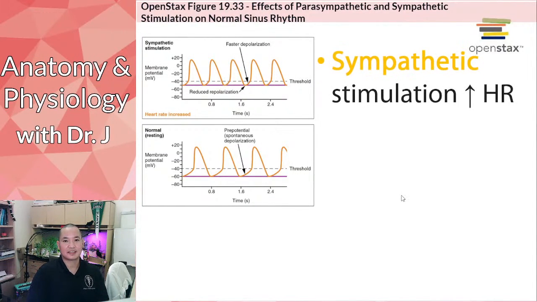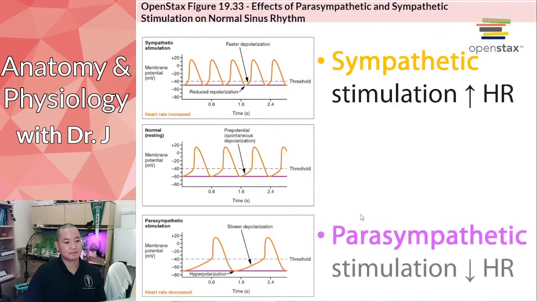So sympathetic activity is going to increase your heart rate. Why? It's going to push the threshold, or push this depolarization and this prepotential, faster. So that's going to shorten the time of these action potentials. So notice that you're cramming in more of these depolarizations. So we're going to have a faster heart rate due to these increased pacemaker potentials.